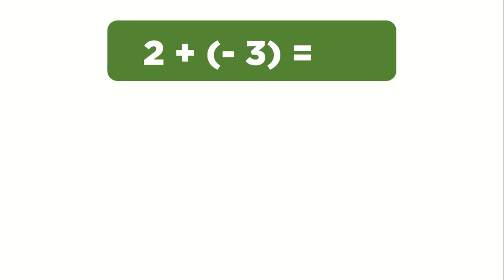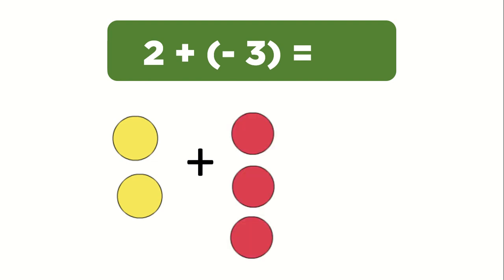Let's try another one. 2 plus negative 3. 2 can be represented by 2 yellow counters, and we add it with negative 3, that means 3 red counters.